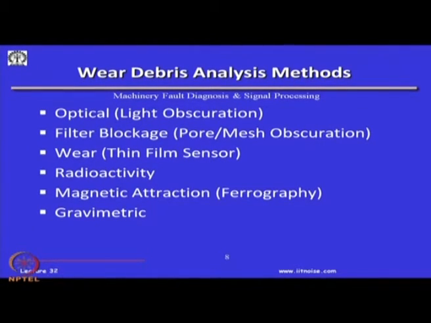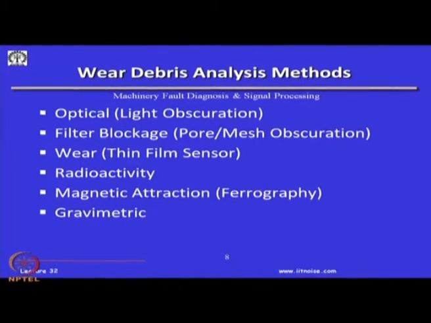I can have a light beam pass through an oil which has these wear particles, and because of the increasing density of the wear particles, this light is going to get reflected, and this can be detected by a photodetector. So, the intensity of the light reflected back gives me a clue as to what percentage of opaque surface, where particles are there, is in that oil. So, in a given milliliter of oil, I can have an estimate of how many parts per million of solid substances are there.